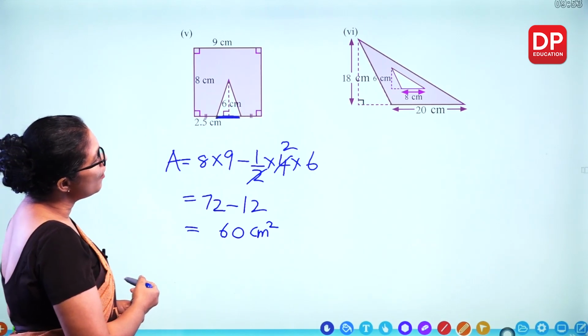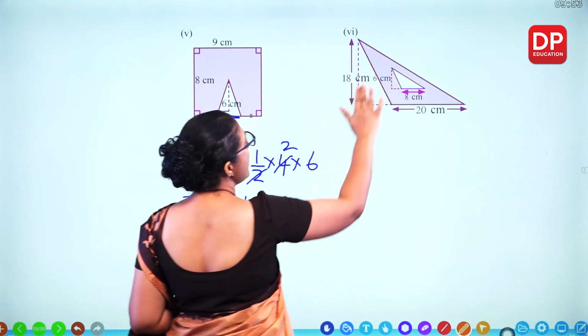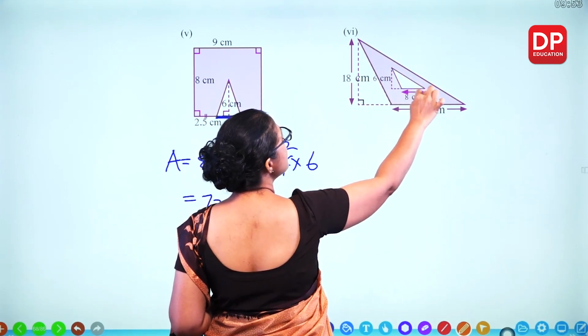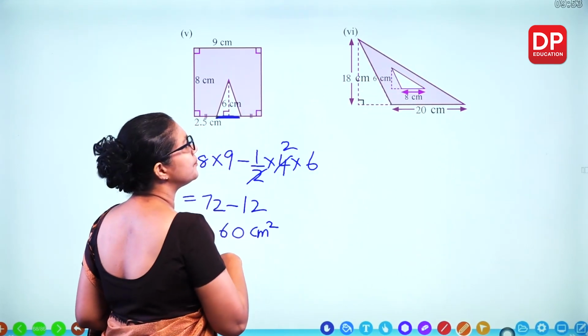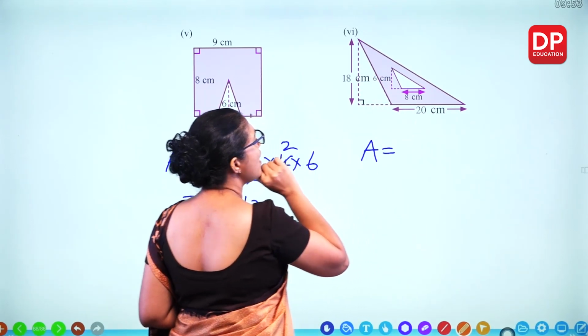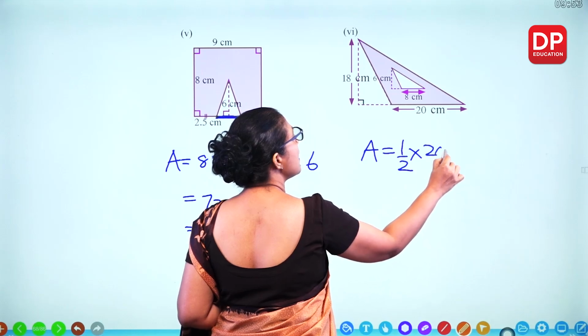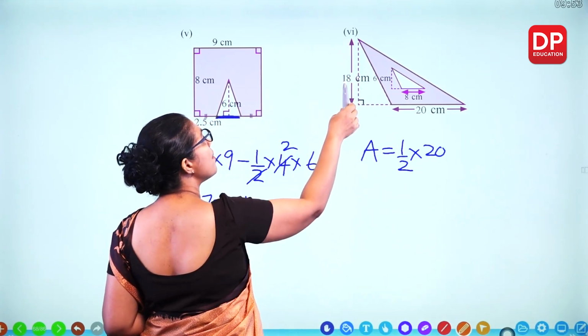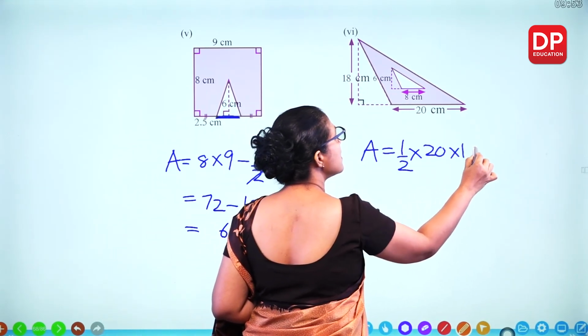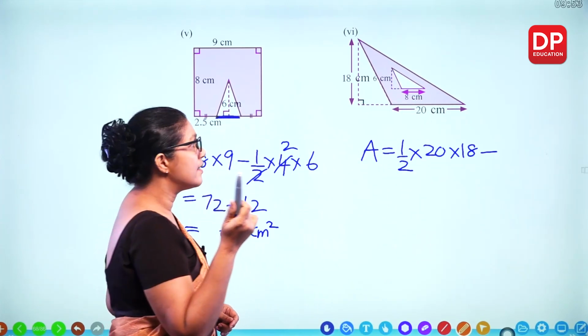How can we find out the shaded region? We can do area of this triangle minus this triangle. So what's the area of the obtuse angle triangle? Half into base is 20. And what's the perpendicular height? Perpendicular height is 18. Minus. And what's the area of the small triangle?